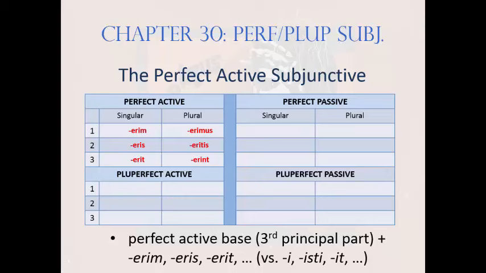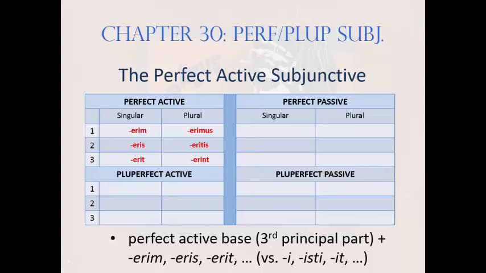Not those perfect active endings seen in the indicative, I, isti, it, etc. It ends up looking almost exactly like the future perfect indicative, erim, eris, erit, erimus, eritis, erint.